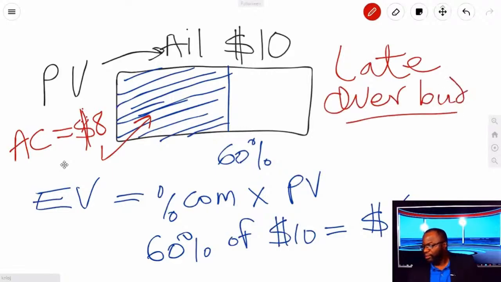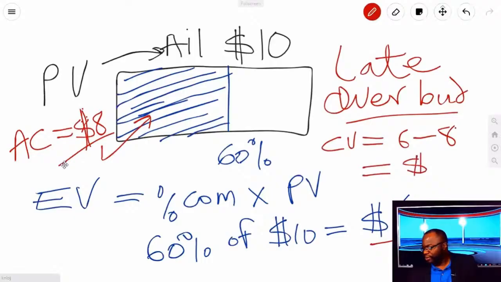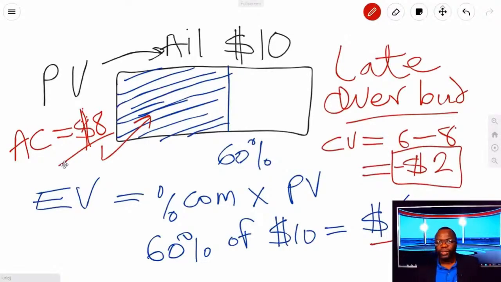You're over budget by $2 because this work is only worth $6 and you paid $8. You see the problem? Right off the bat, I'm over by $2. My CV is going to be $6 minus $8, and this is going to be a minus $2, which means I'm over budget. You see, I'm over budget.